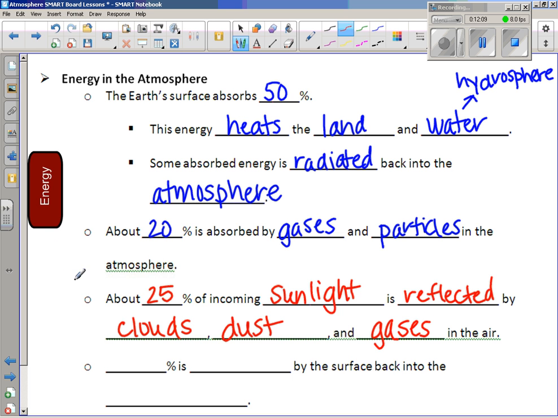Then you have just 5% that is reflected by the surface back into the atmosphere. Okay.